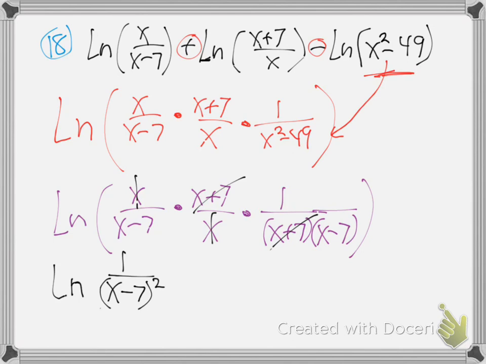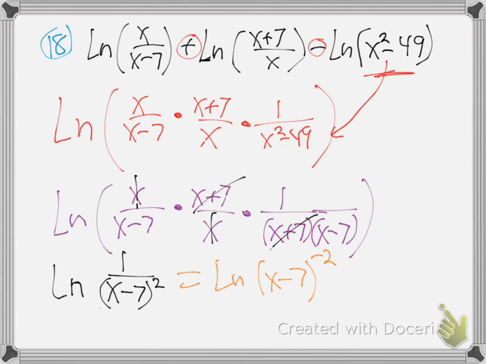But you can't just move it out front right now, not when it's part of a fraction like that. You have to first, remember the rule? This is x minus 7 to the minus 2. Remember, negative powers jump things to the bottom? So it just jumps to the bottom like that. The negative power does that.